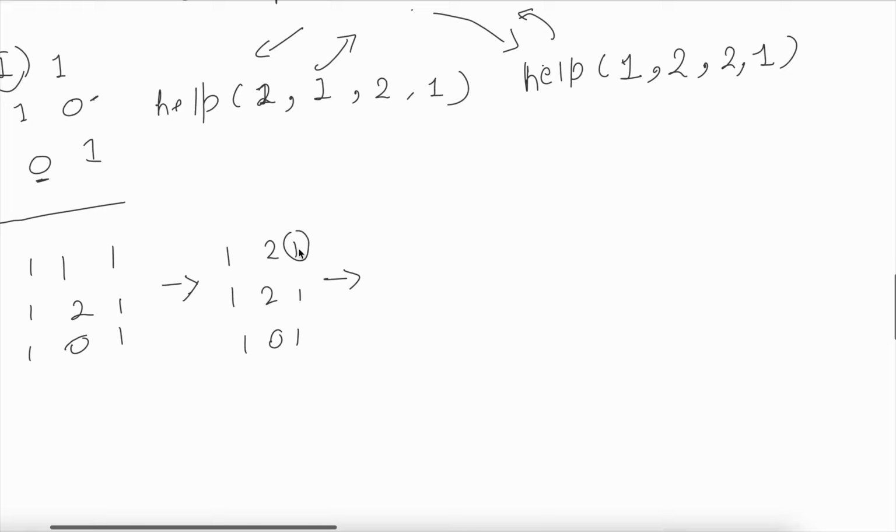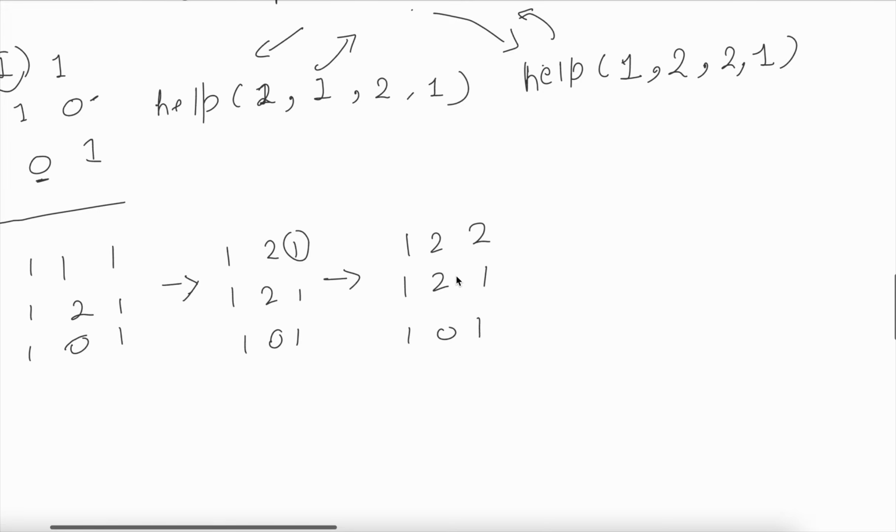It is inside the matrix, so it won't fail the boundary check. Whether this color is the old color, yeah, it is the old color, so that condition will fail and it won't get returned from there either. Then we will update the matrix 1 2 2 1 2 1 1 0 1.